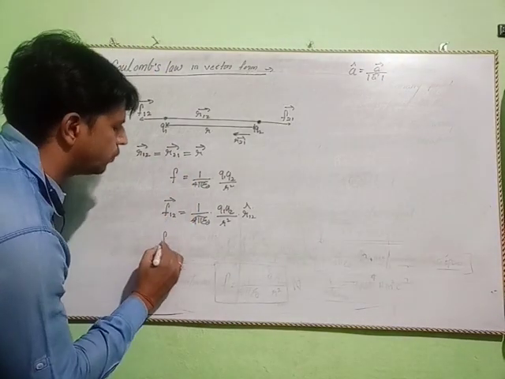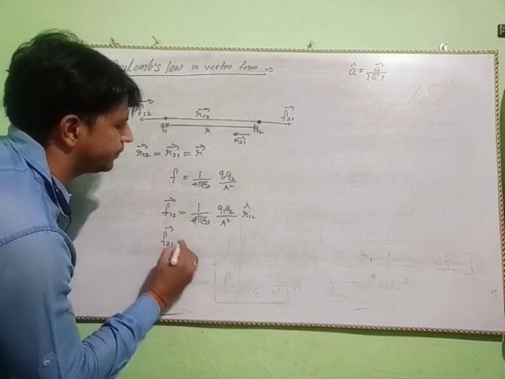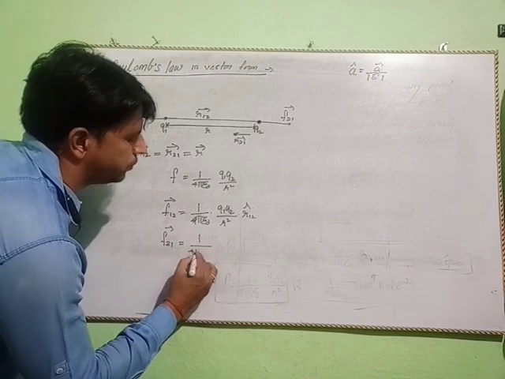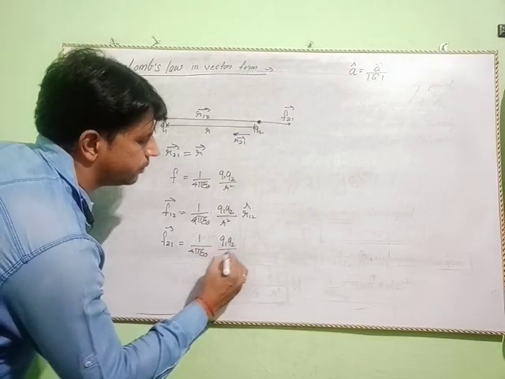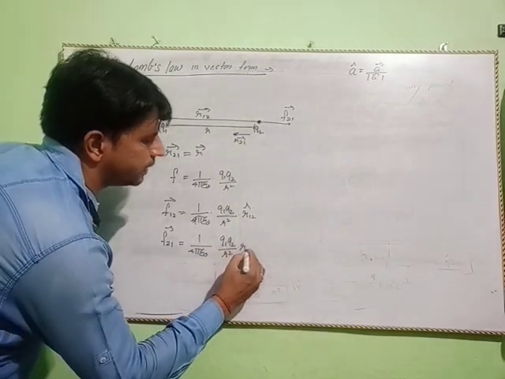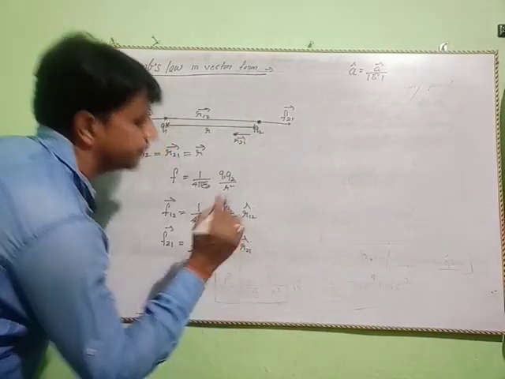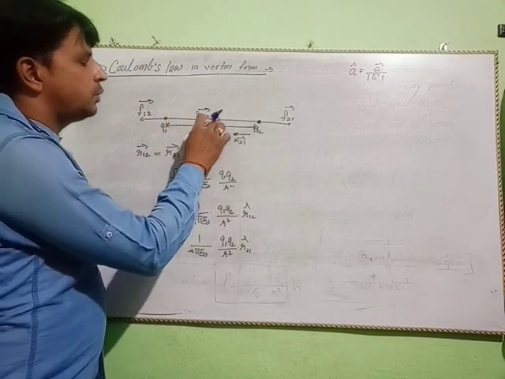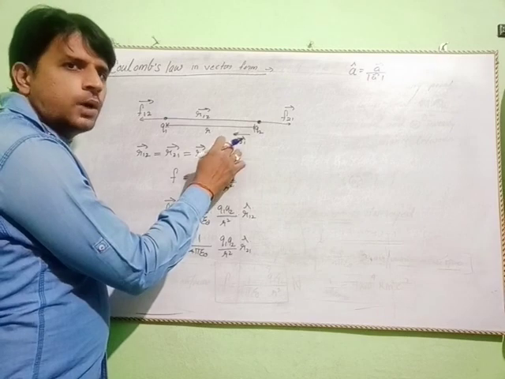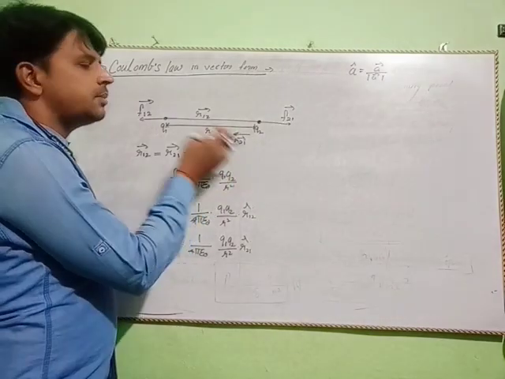And force on second due to first will be equal to 1/4 pi epsilon naught Q1 Q2 upon R square into unit vector R21. Now you can see R12 is equal to R21, but the direction is opposite.